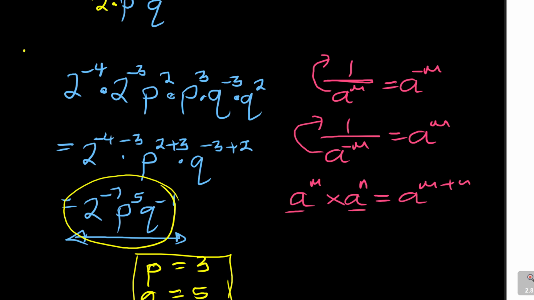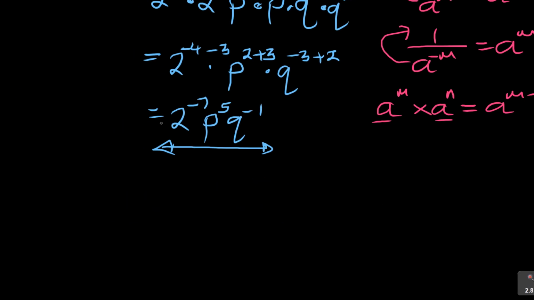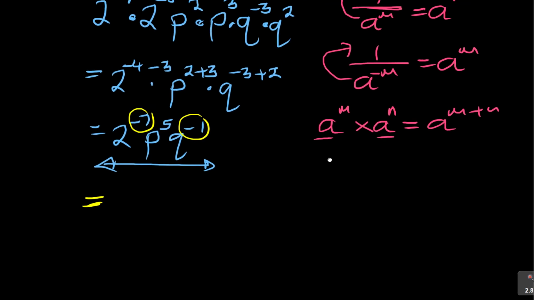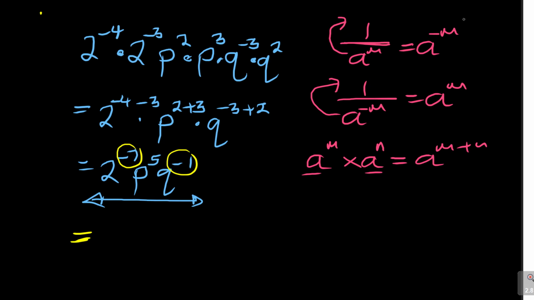Maybe they went further from here, because some go further and then your answer you might think is wrong while it's still correct, whereby they take this negative 7 and negative 1 and move them. But it's not a necessary step. Remember, with the same rule, if it's negative m, it becomes 1 over.